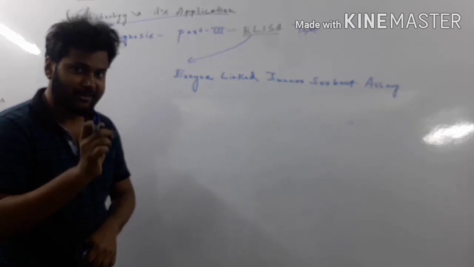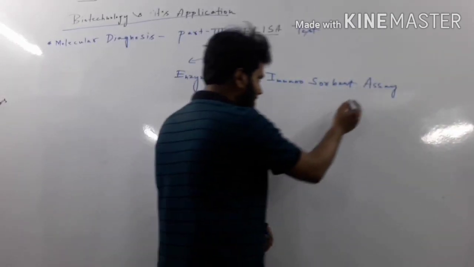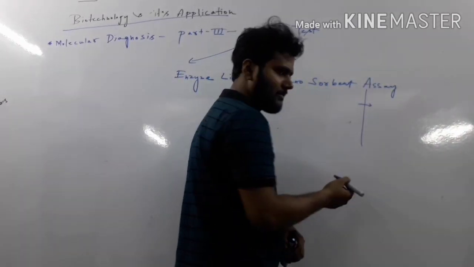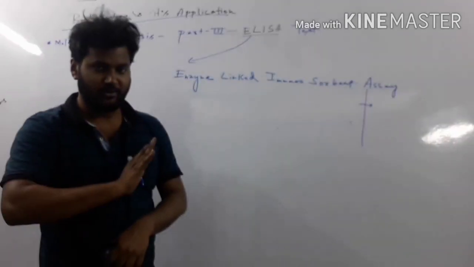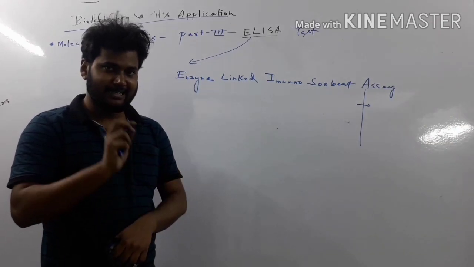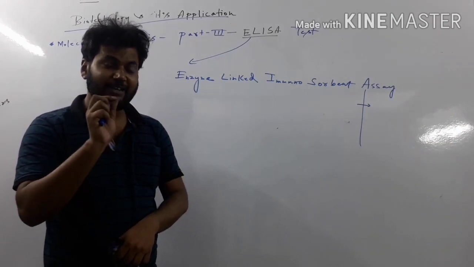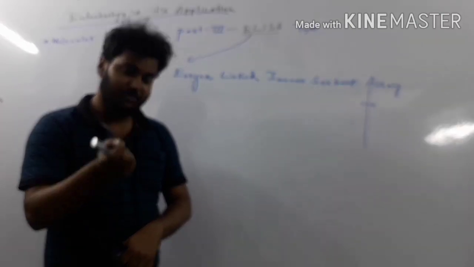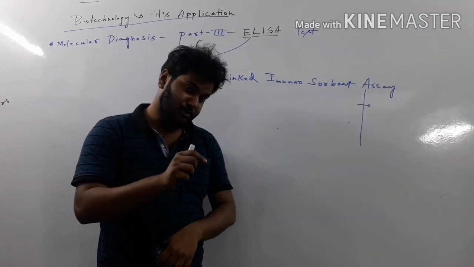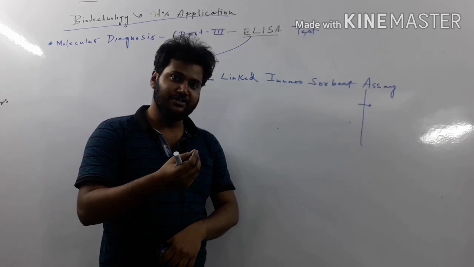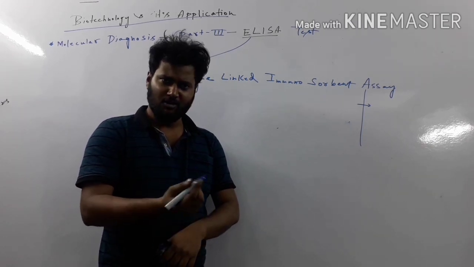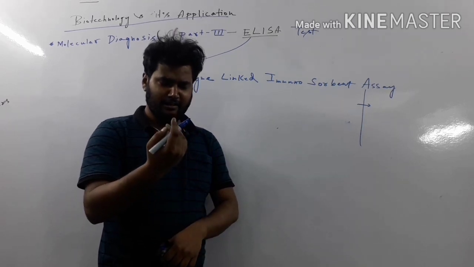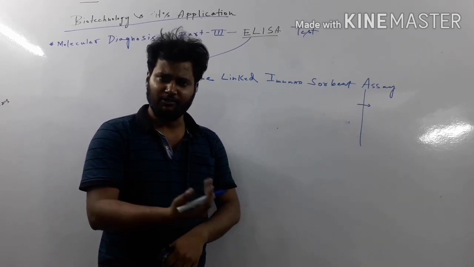ELISA is one type of assay test. What is assay? This word sounds like "as", but it is not related to any type of "as". Assay is actually one type of investigative procedure which is used in the laboratory, in medicine, in pharmacy, in pharmacology, in environmental biology, in molecular biology.